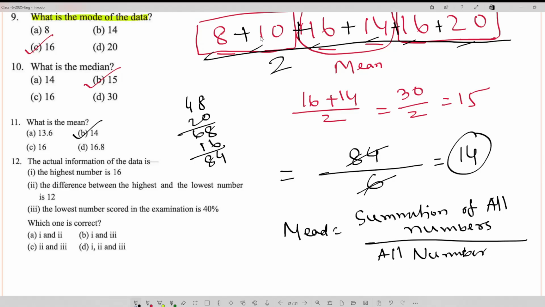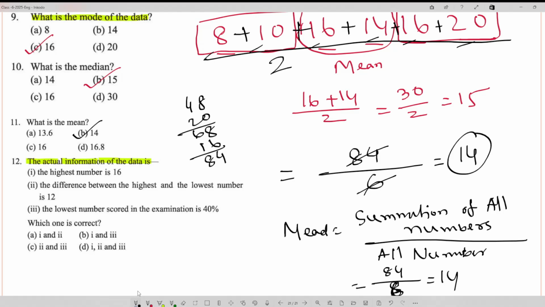Okay. So, here is everything. After summation, the result is 84, and the total number is 6, and the result is 14. Okay. Now, our final question, the actual information of data is the highest number is 16.